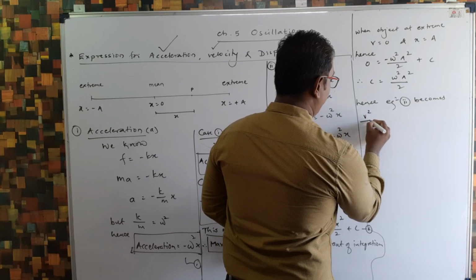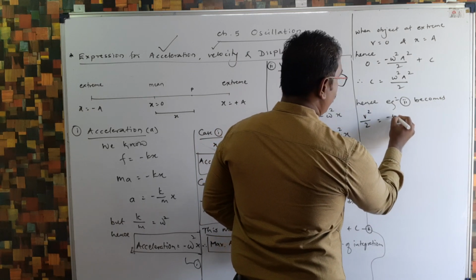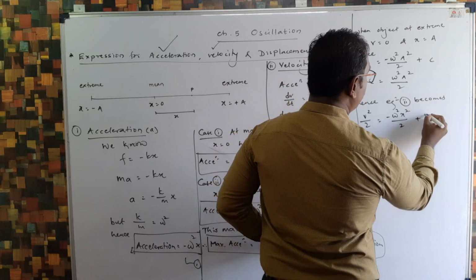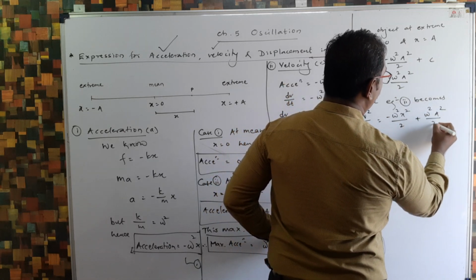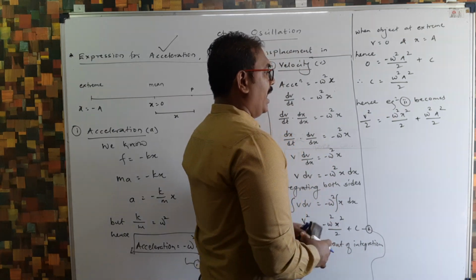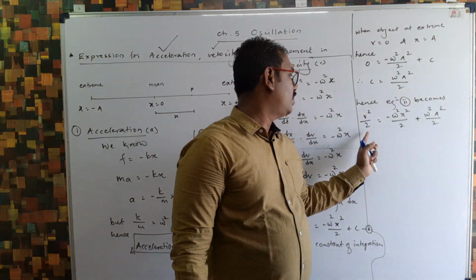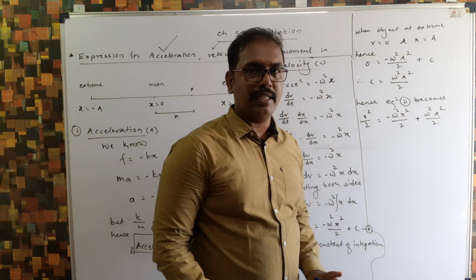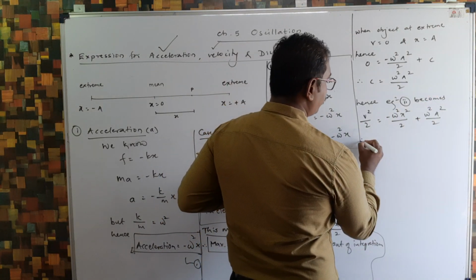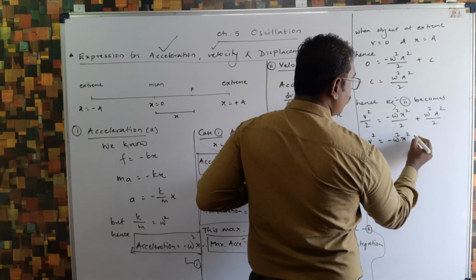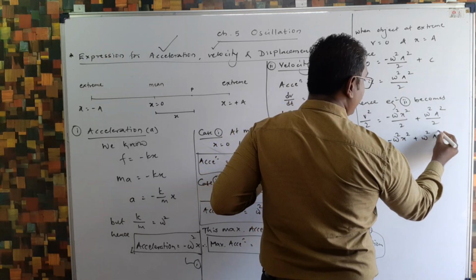So v square by 2 is equal to minus omega square x square by 2 plus omega square a square by 2. Now from these two terms we can take 1 by 2 common, and this 1 by 2 and this 1 by 2 get cancelled. So we get here v square is equal to minus omega square x square plus omega square a square.